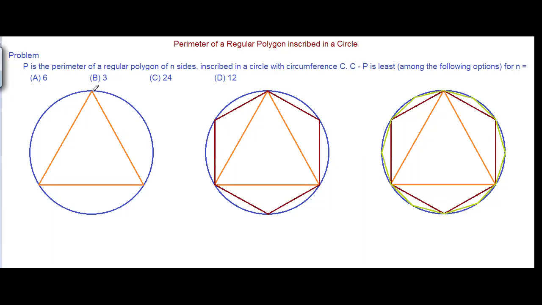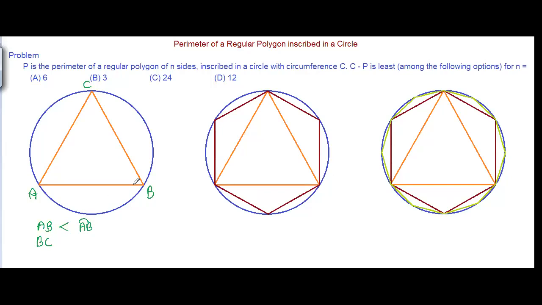If we observe a regular polygon of 3 sides, this is just an equilateral triangle. Suppose it is named A, B, C. If we take the side AB, this is less than the arc AB.